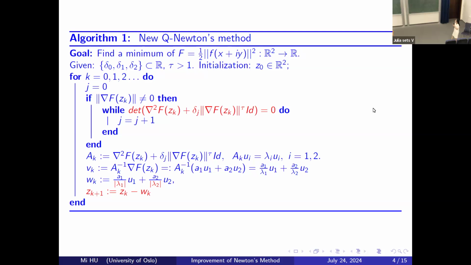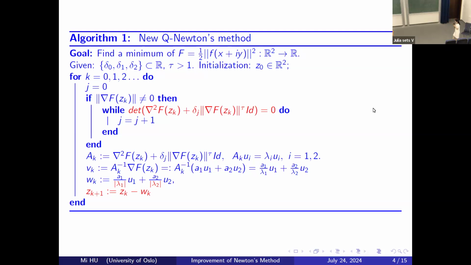So what to do is, you calculate this new matrix of your Hessian, and you calculate the eigenvalues and eigenvectors, and then you change the sign of the negative eigenvalues to be positive. So then instead of iterating like this, you iterate zk minus wk. So this is how you choose to iterate your function.